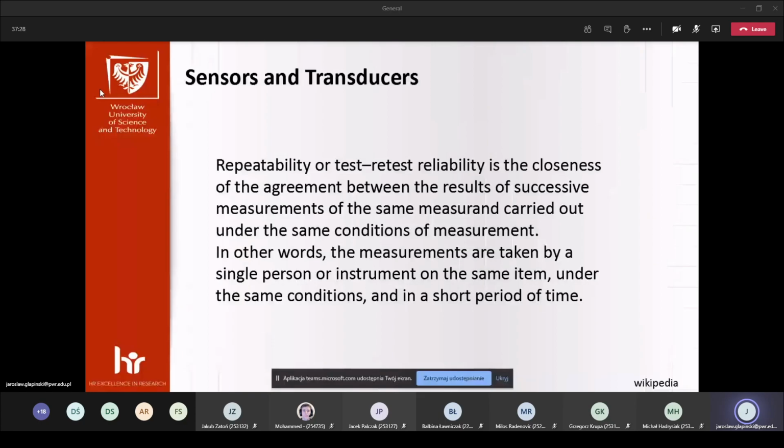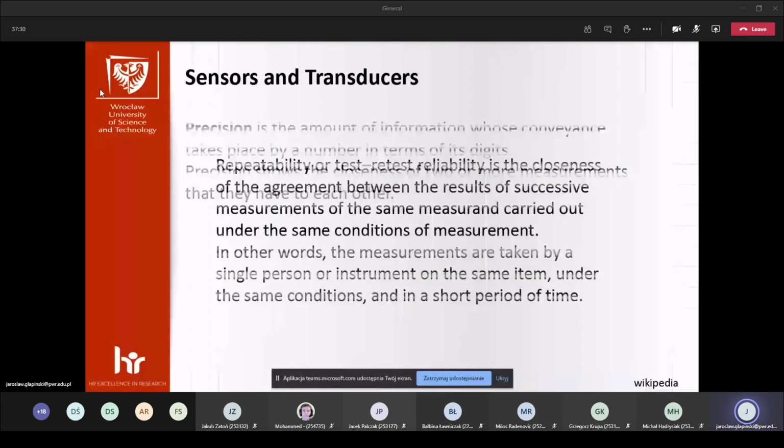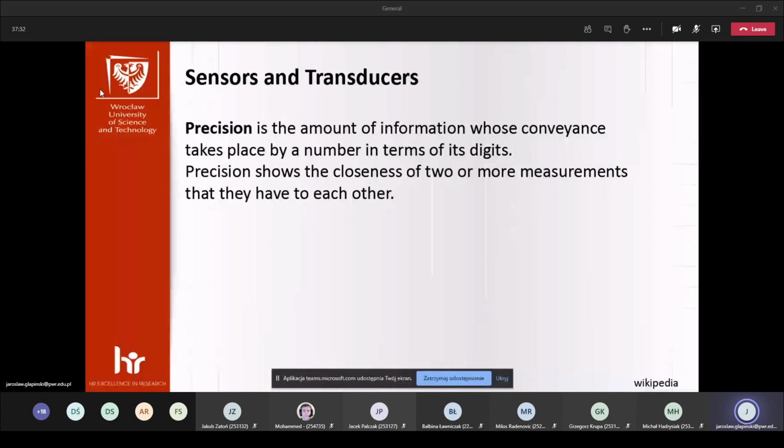Okay, precision is the amount of information conveyed, which takes place by the number of digits. So if we've got this voltmeter and we've got 3 or 4 digits, with 0.01, it means this is the smallest value.